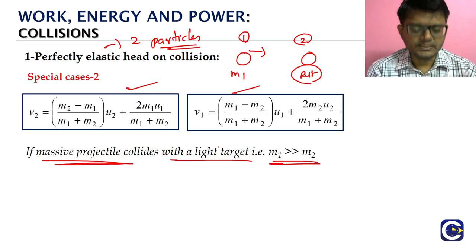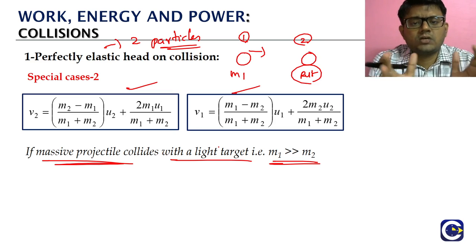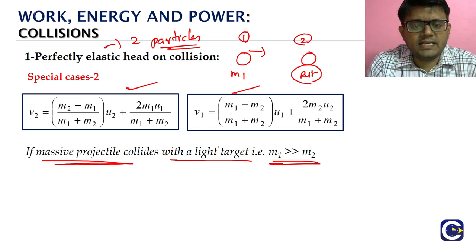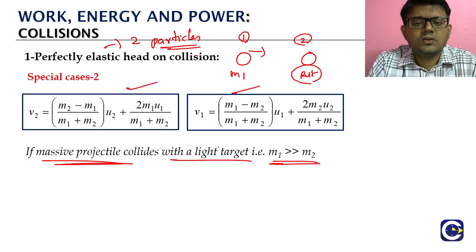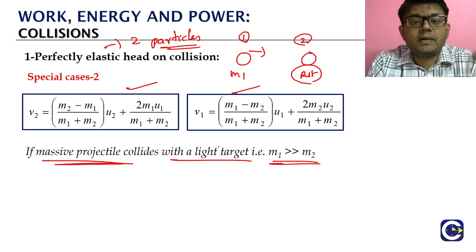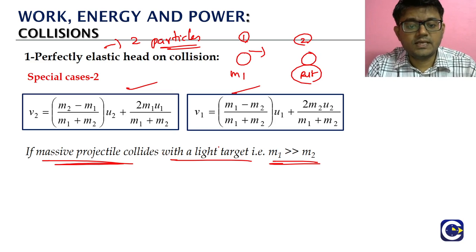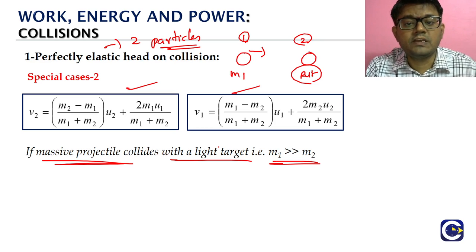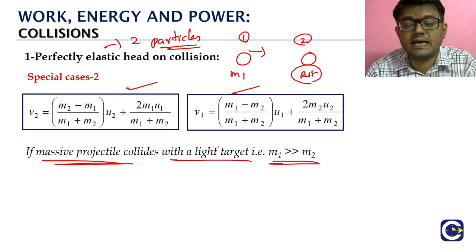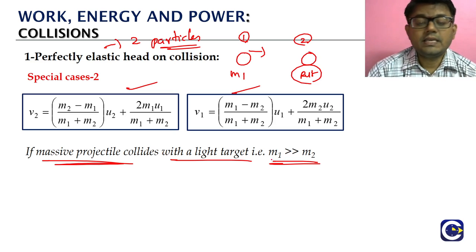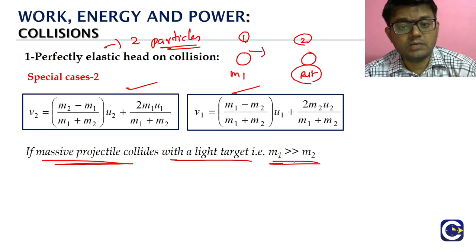But mainly we are having a head-on collision in the perfectly elastic category, in which one of the particles is very heavy. We are taking the one that is moving faster as the heavier one. The projectile is the massive one. The M1 value will be very high in comparison to M2.